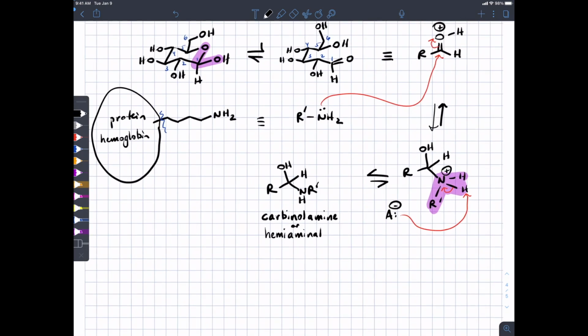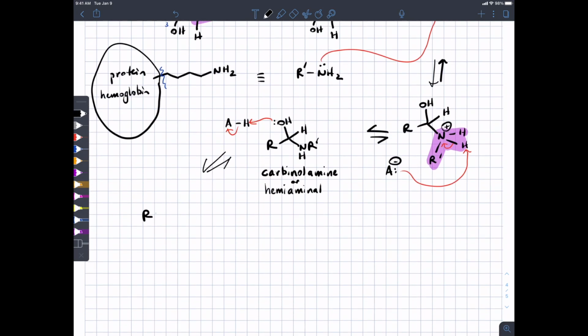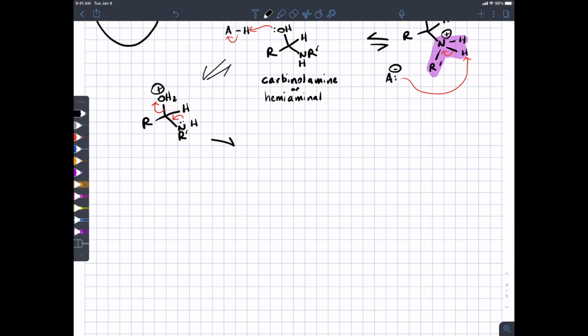But what we're going to do now is change who the good leaving group is by protonating the oxygen with our catalytic acid. When we do that, we convert the neutral OH, which used to be a poor leaving group, into OH2, which is a good enough leaving group for nitrogen to kick off the OH2 group as a leaving group. Water leaves, and then you get this structure.